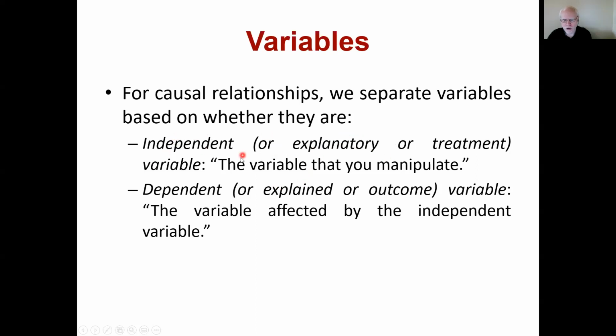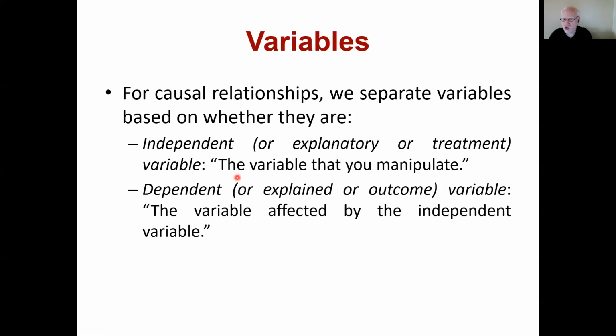If we're talking about a causal relationship, we say this is the explanatory variable. We know what that means. This is the explained variable. It's easy to understand. So what does the independent, explanatory, treatment variable mean? That's a variable that you manipulate, or not necessarily you, if you're not doing an experiment, but it's a variable that's doing the explaining.